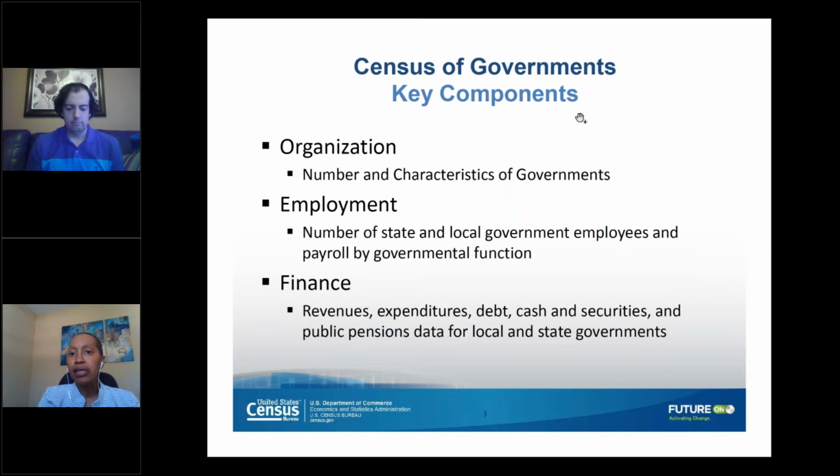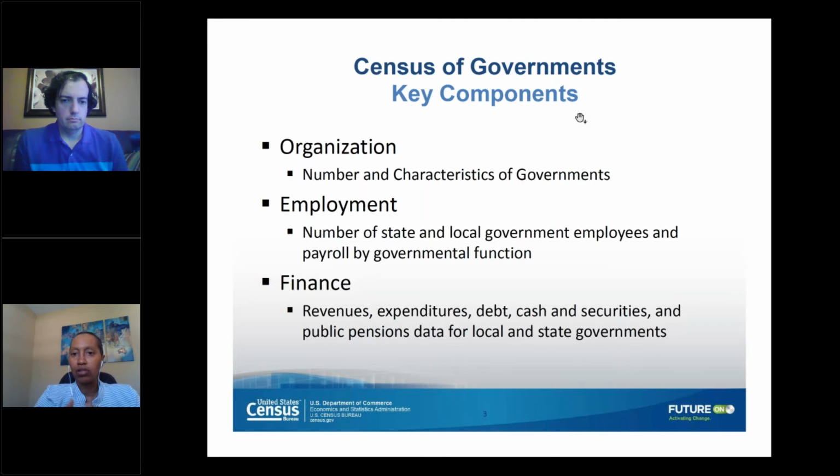So the key components of the Census of Governments are organization, which provides the number and counts of state and local government units. We also have an employment component, which provides the number of state and local government employees, their payroll, and data by government function.